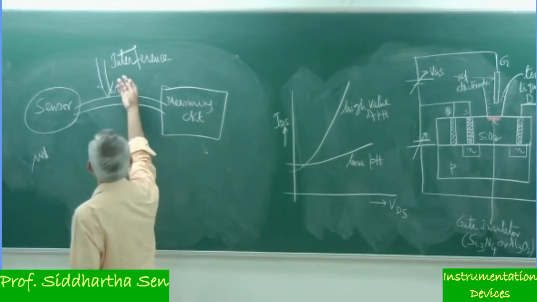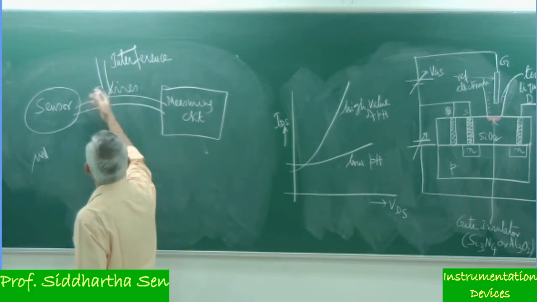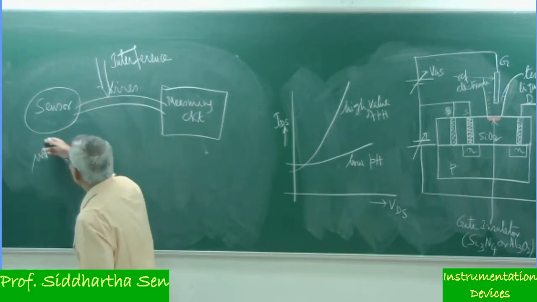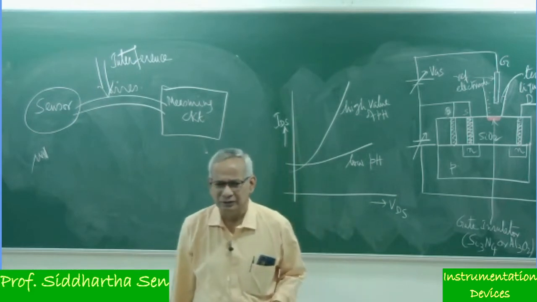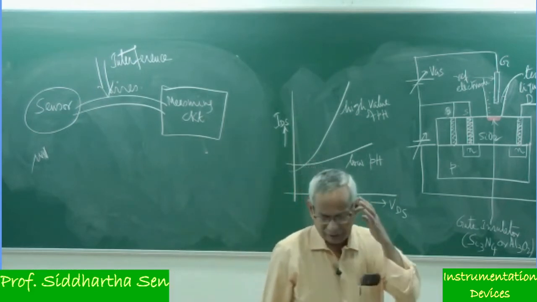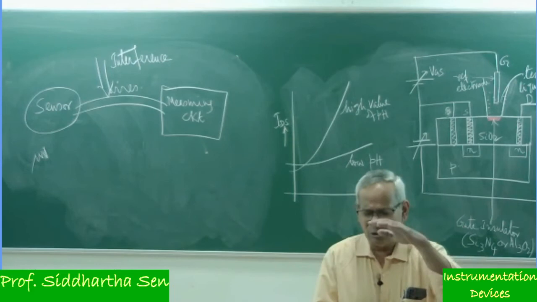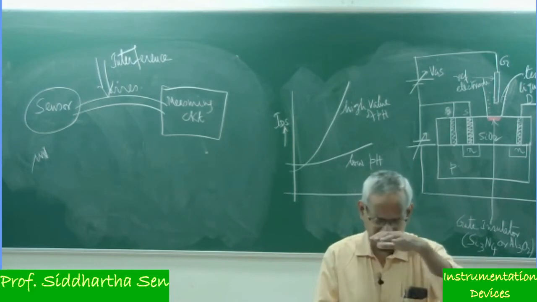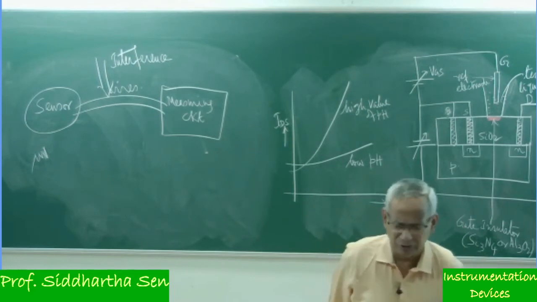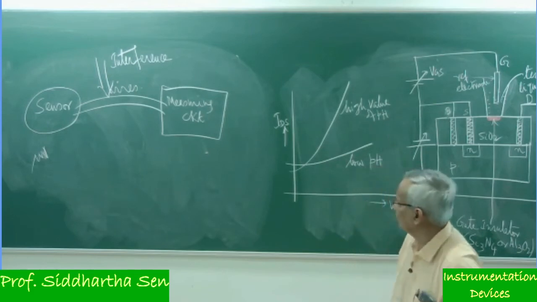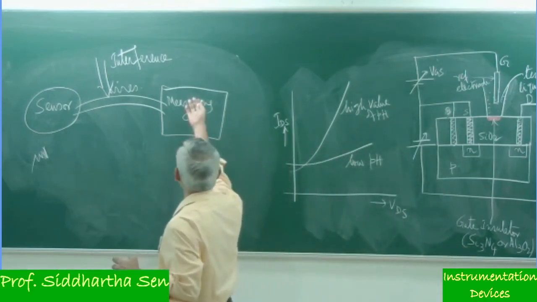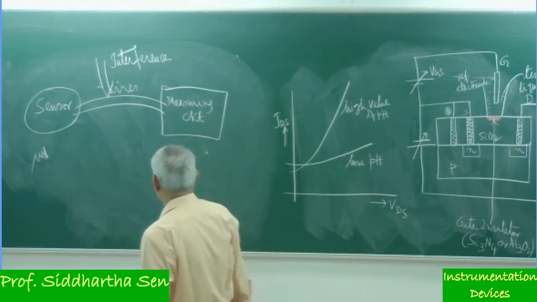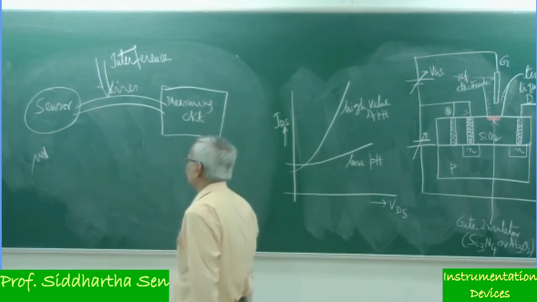That signal may be of very high magnitude compared to the very small sensor signal. As the sensor voltage becomes smaller and smaller, you need a higher gain, very powerful measuring circuit.